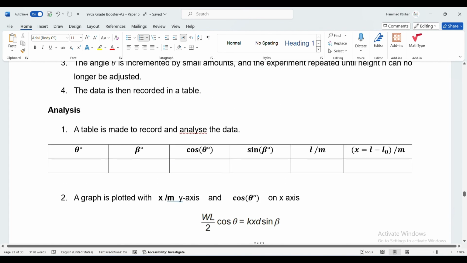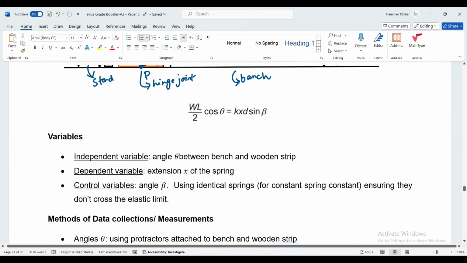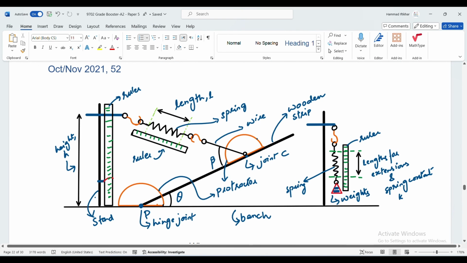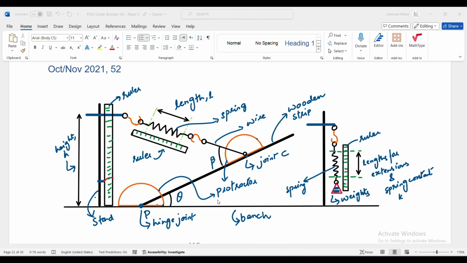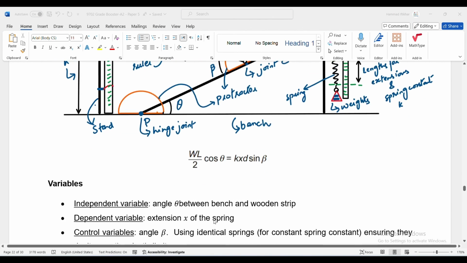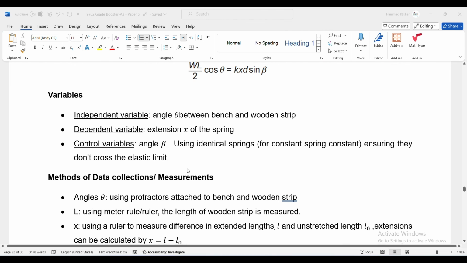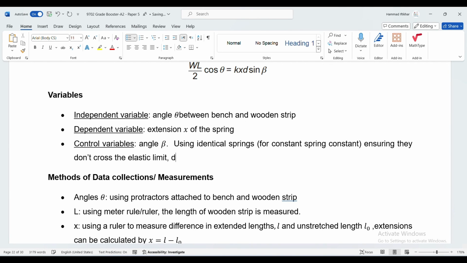Okay. Now the safety precautions. Wait, sorry. One thing I realized, we have to keep the distance d constant also.